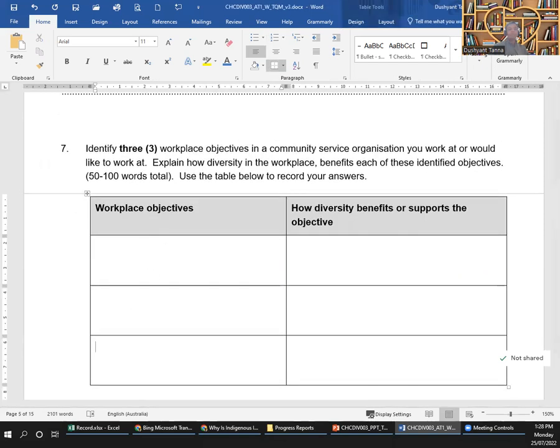Would someone like to talk about it? It's based on the organization, so don't mix and match. If you're picking an education organization, then your objective should be education based.